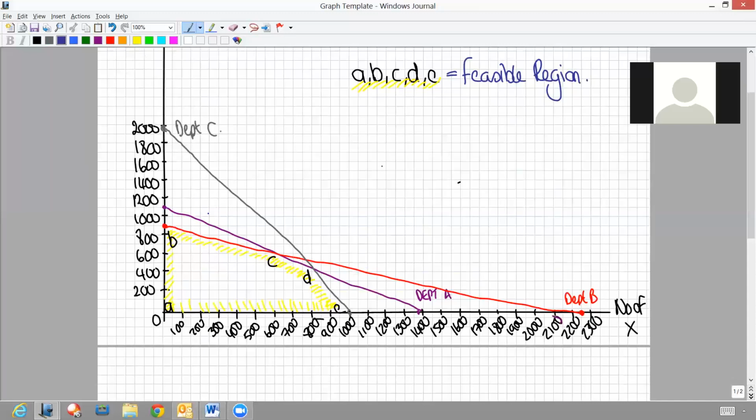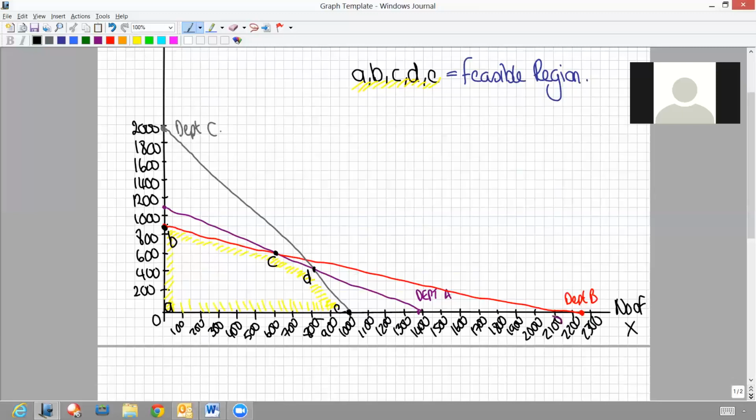Now what you need to do is find the answer out. And in order to find the answer, there are a number of options. You could take each of your intersects, apply the contribution, which is your objective function, and see which one makes the most contribution.